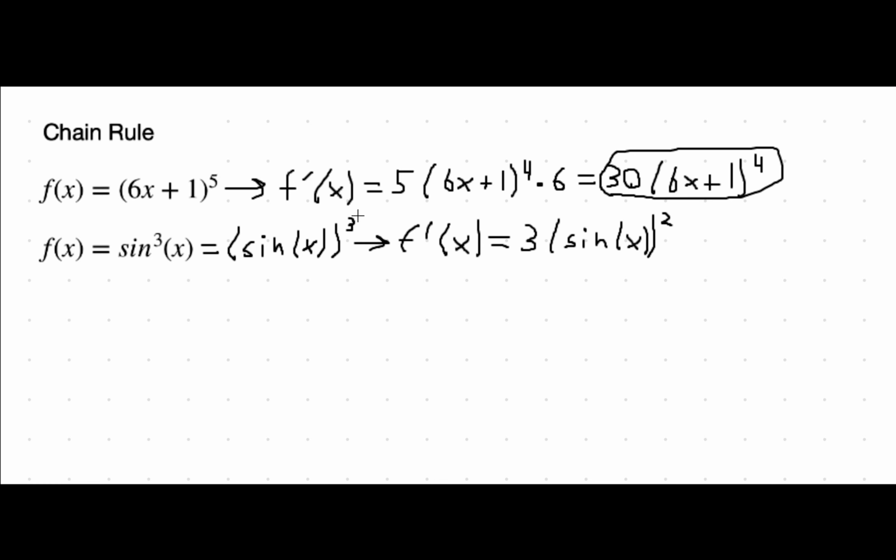Now let's take the derivative of sine of x, because that's on the inside here. The derivative of sine of x is just going to be cosine of x. So let's multiply this expression now by cosine of x. Now we can just rewrite this in a little bit of a nicer fashion here.